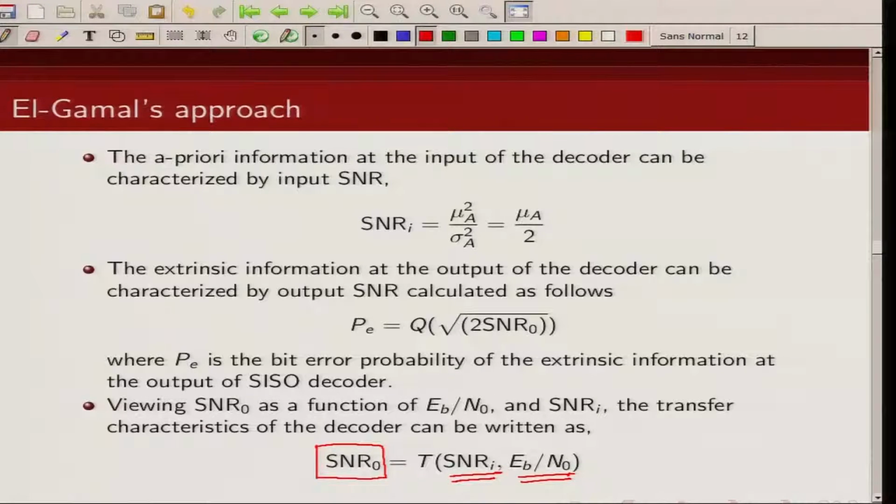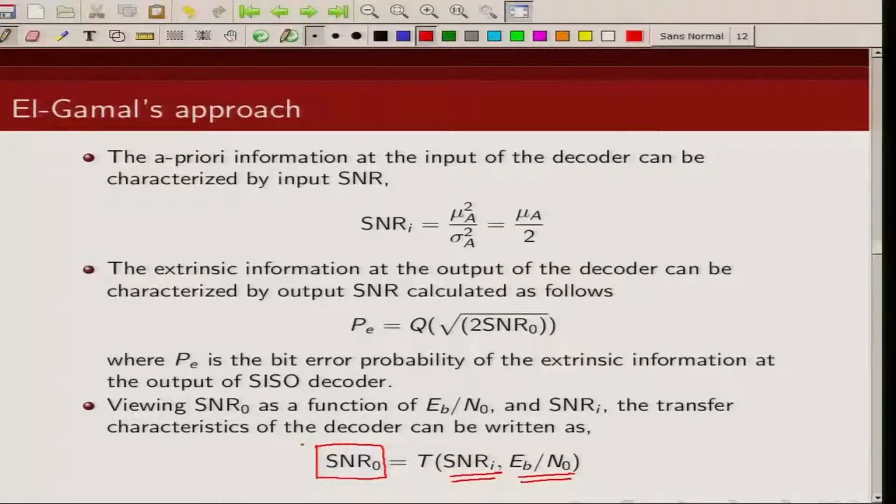So, we can view the output SNR of the extrinsic information as a function of the input SNR of the a priori information as well as the channel operating signal to noise ratio. This is crucial. This is basically what I call the transfer characteristics of the decoder, because my decoder is a function of a priori inputs as well as channel received values.